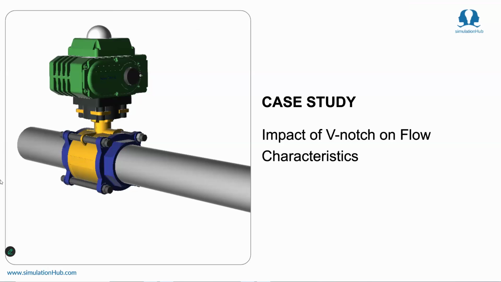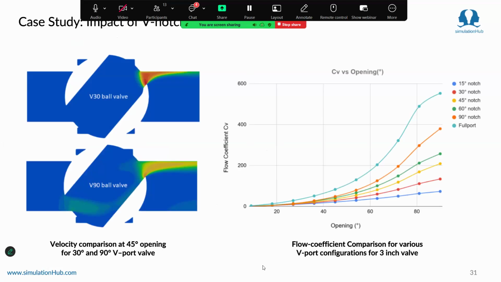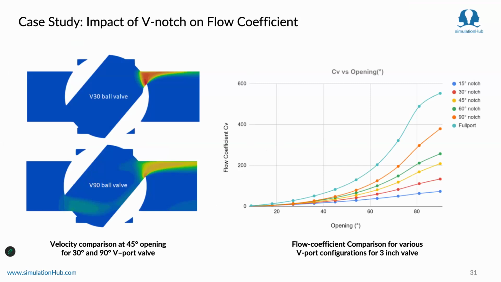The first study that we have done is the impact of the V notch on the flow coefficient. As we have discussed in detail, with full port ball valves we don't get good control over the process fluid.